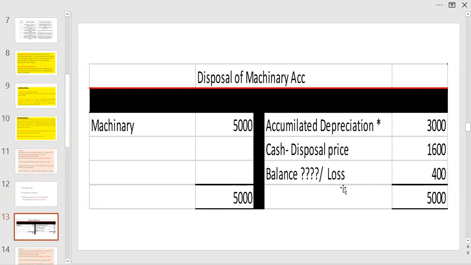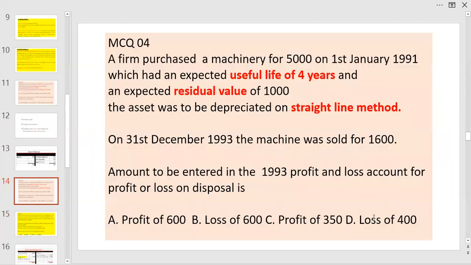If you look at the disposal account, machinery cost 5,000, accumulated depreciation since it remained in use for 3 years, 3,000. Disposal price 1,600. Therefore, the loss is 400. The answer is D. The next MCQ.